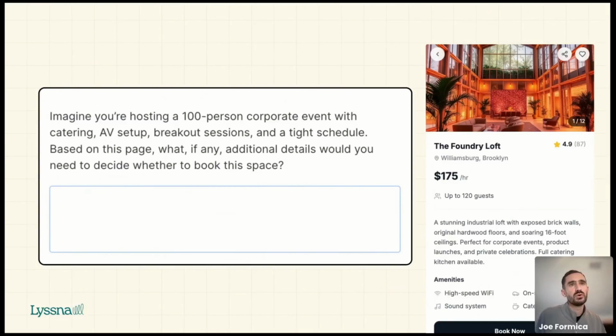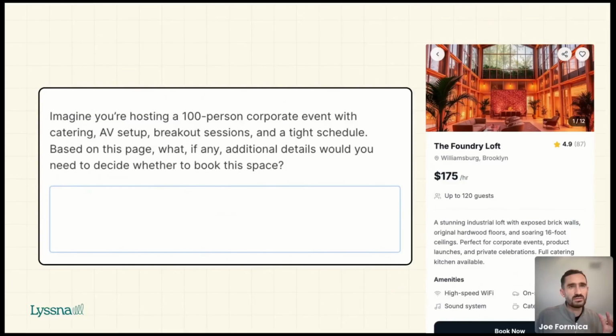But someone who maybe is an event planner but runs a different type of event, maybe does not run something with an AV setup or something like that, they're going to be able to answer this and probably put themselves in that role to see what's missing, but they're going to be very far off from giving you the feedback of how they would evaluate it if they were hosting a networking event next week and looking for a space.